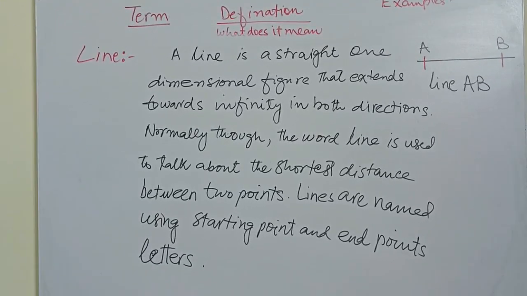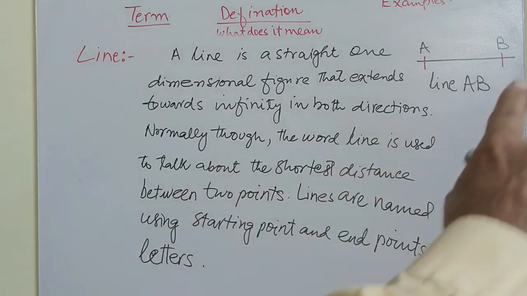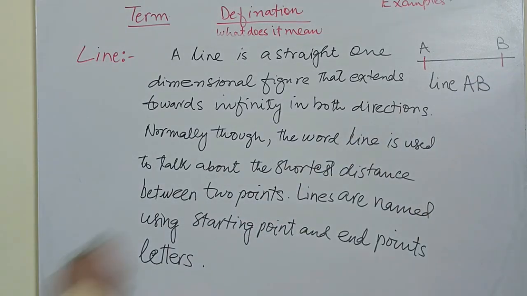Now, dear students, the second term is line. What does it mean? A line is a straight one-dimensional figure. This is a one-dimensional figure, and you know what a one-dimensional figure is? It extends towards infinity in both directions.